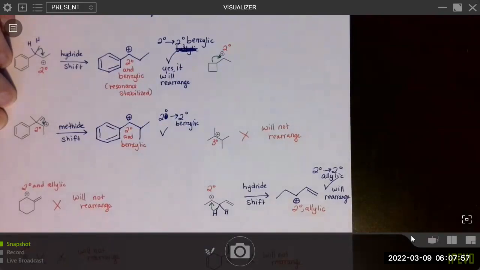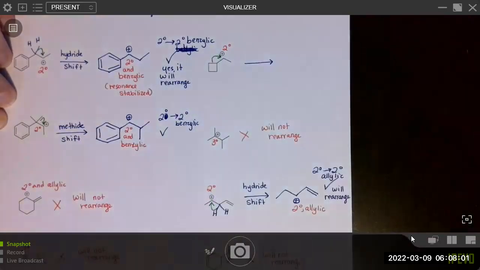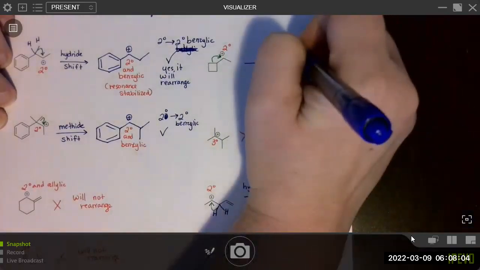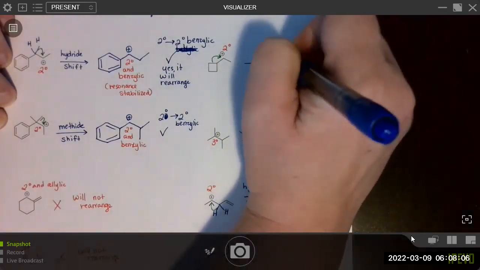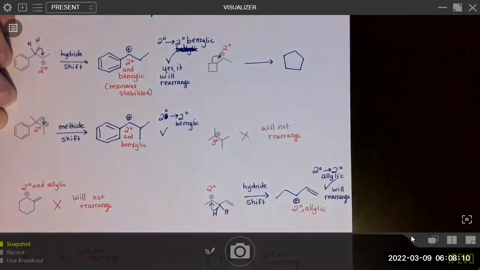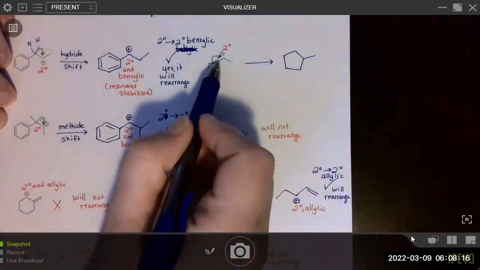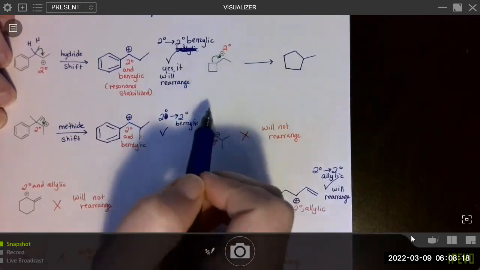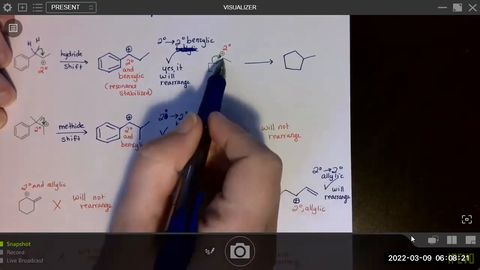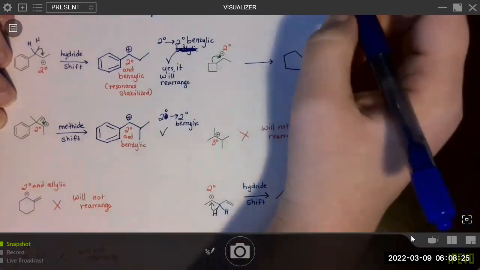But the key here is that when this occurs, we end up with a 5-member ring. When we have this ring expansion, we end up with this 5-member ring, and there'll be a methyl still attached to this carbon. And then this carbon, which is right next to the carbon with the methyl, will end up positively charged.